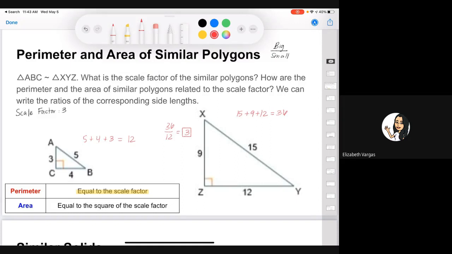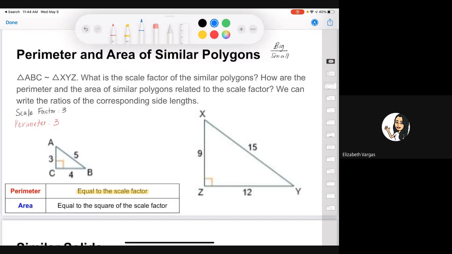So my perimeter ratio is equal to 3. Remember, what you do first is you identify the perimeters of both the smaller triangle and the bigger triangle. Take the bigger over the smaller, divide, and see that your perimeter ratio is going to be equal to your scale factor.